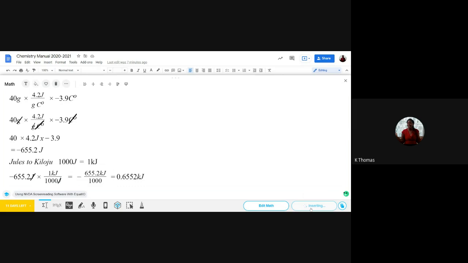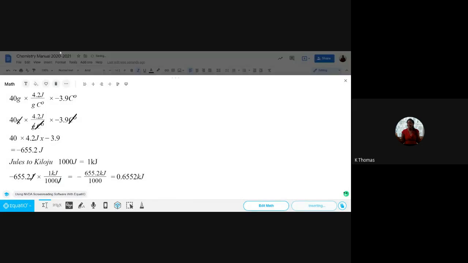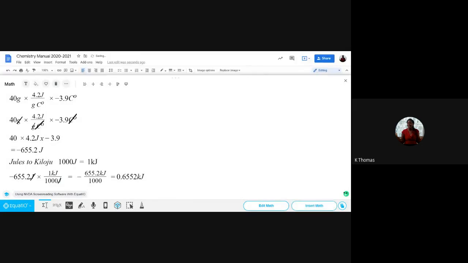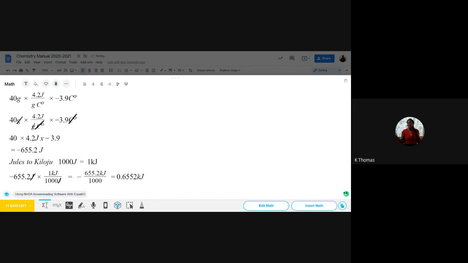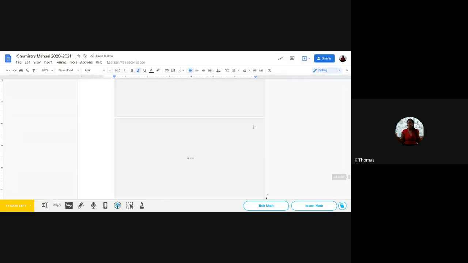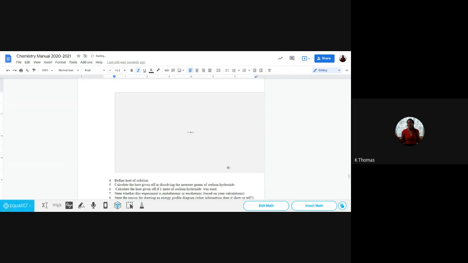Good. So I insert that now. So I know that my heat change is this value that I just calculated. Perfect. So now I only need one of those pictures.